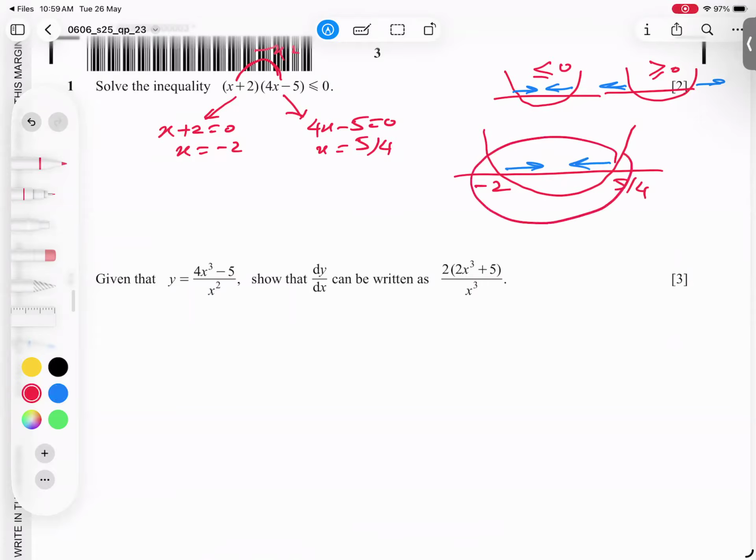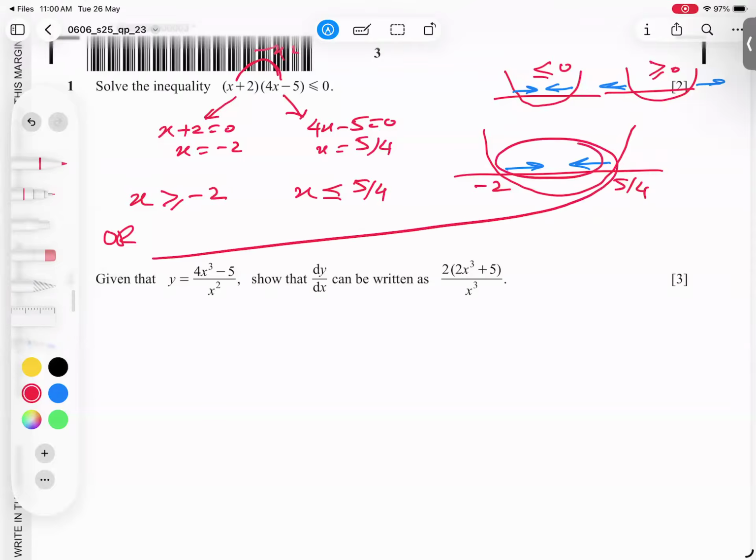How to read this? x value is more than or equal to -2. And x value is less than or equal to 5/4. This is a correct answer, or I can combine them because they are going inside together.